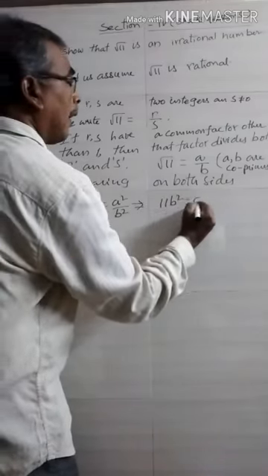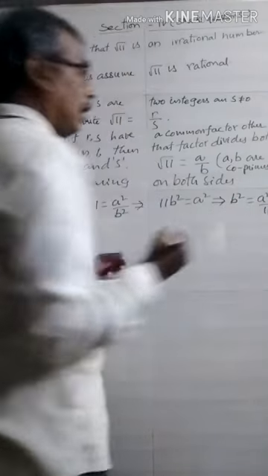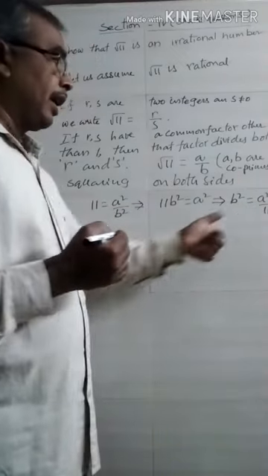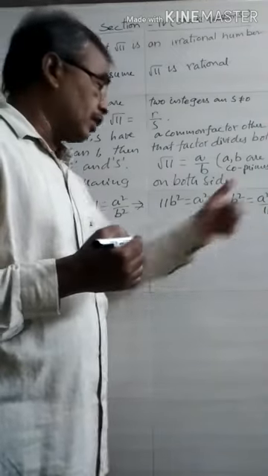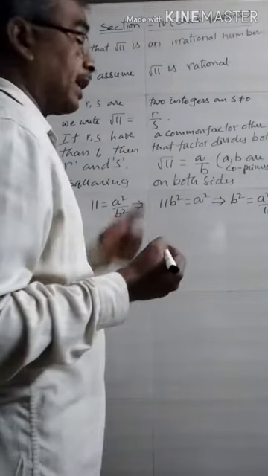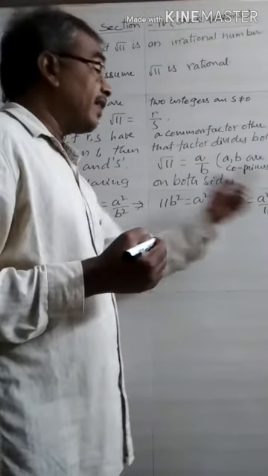We can rewrite this as B square is equal to A square by 11. Here you observe 11 divides A square. As per theorem 1.6, when 11 divides A square, 11 also divides A.